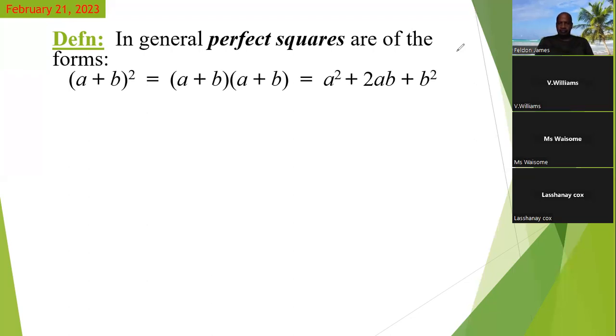Yes, sir. So in the case where we have the expanded form, which is a squared plus 2ab plus b squared, to get it back to the general form, we would just bring down the variables, the base. That would be a, keep the middle sign, which would be the positive sign, and then bring down. Let me just illustrate as you're saying it.